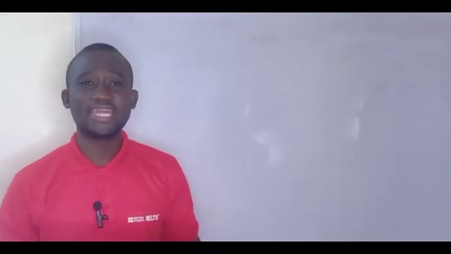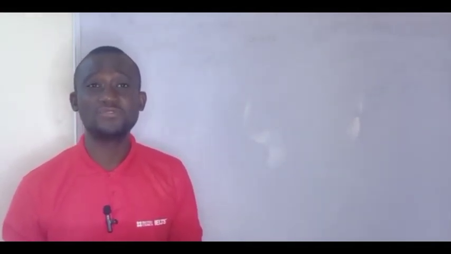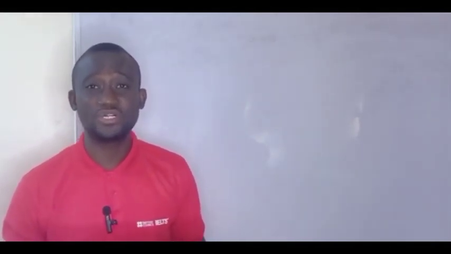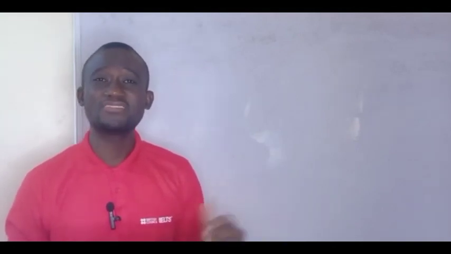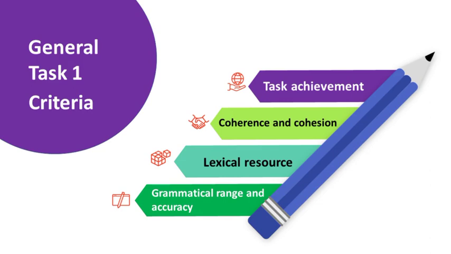So we look at the criteria for task 1 writing for the general training module, same as academic training module. Okay, you have task achievement, coherence and cohesion, lexical resource, grammatical range, and accuracy.